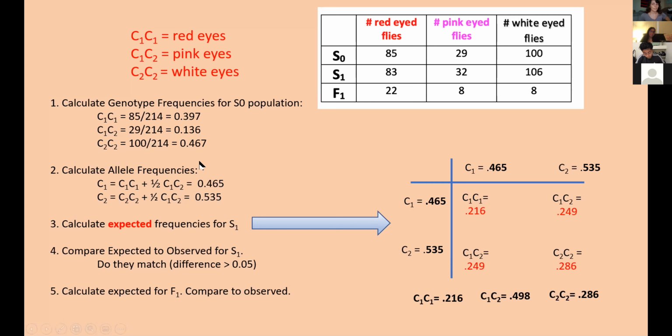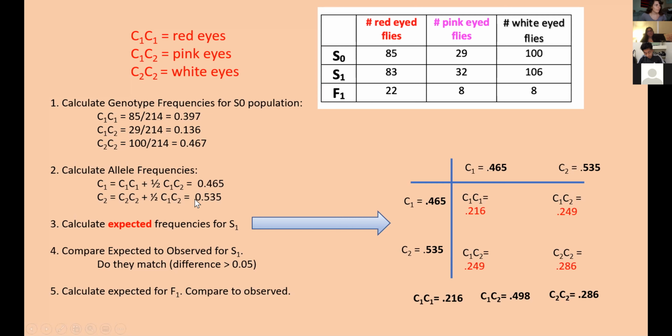So to figure out the allele frequencies, so how common each of those alleles, C1 or C2, is in the population, you're going to take this whole C1 frequency, so 0.397 plus half of the heterozygote one, so half of 0.136. So this is 0.397 plus half of 0.136, which is 0.465.